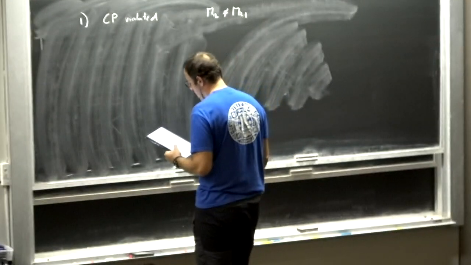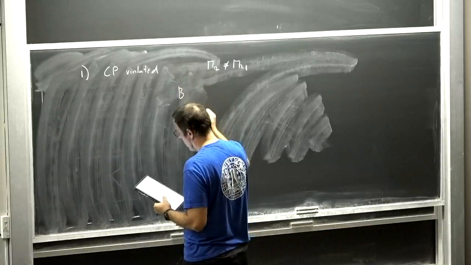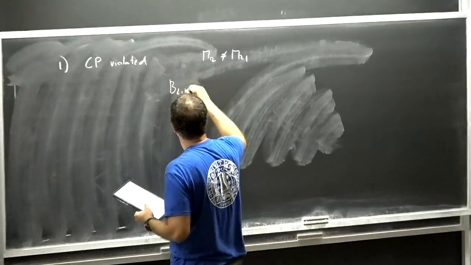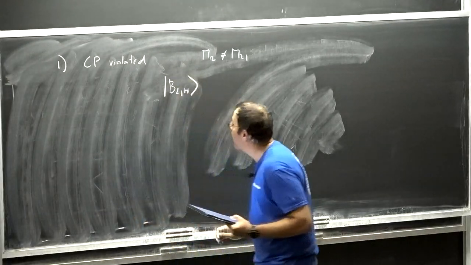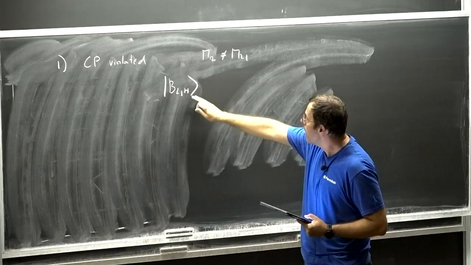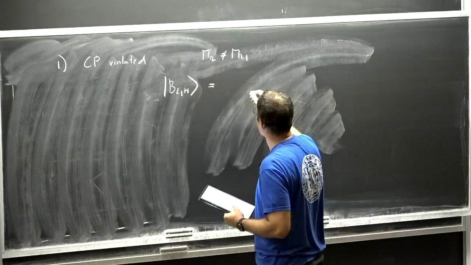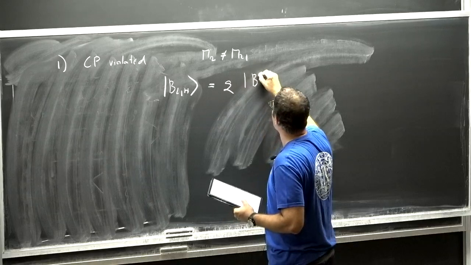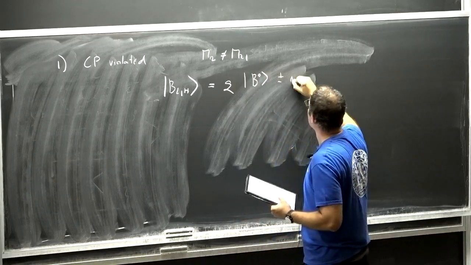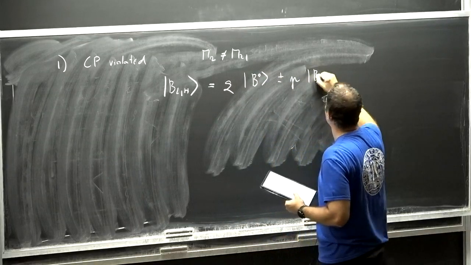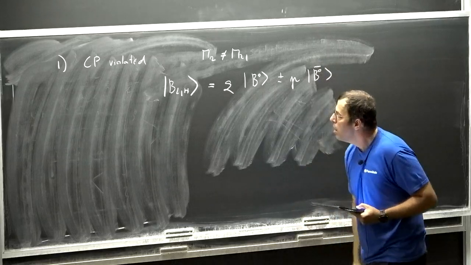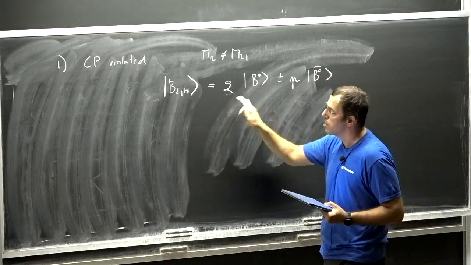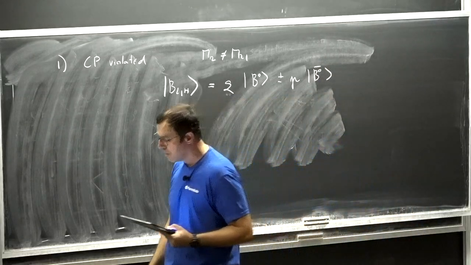So M12 is not equal to M21. Okay, morally it's still a similar story. The light and heavy mass eigenstates are now just linear combinations of B0 and B0 bar. So these are the two parameters that will give me the two mass eigenstates.